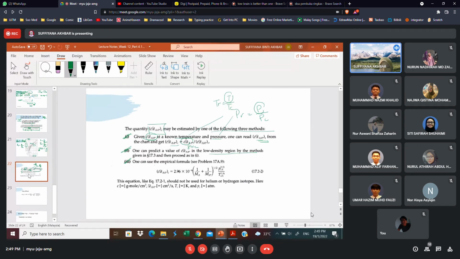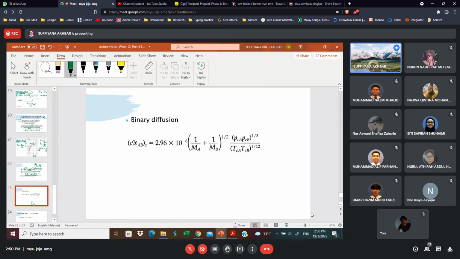Empirical formula means you just use this equation. So the critical can be obtained by using this equation, where you put in the molecular weight and the critical pressure and temperature. And for the binary diffusion, we can use this equation to estimate the CDEP.